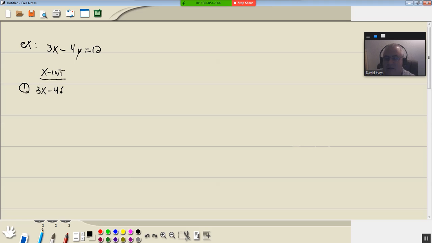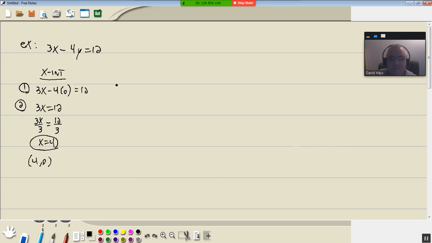So we got 3x minus 4 times 0 is equal to 12. And then step 2 is to solve. Well, 4 times 0 is 0, so it drops away. We got 3x is equal to 12. Divide both sides by 3. And we end up with x is equal to 4. If you want to write that in point form, that'd be (4, 0).